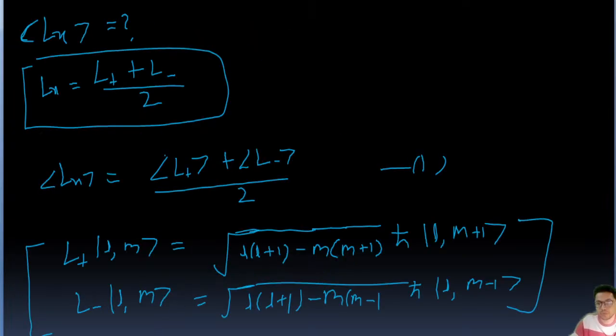The expectation value of Lx is going to be, we'll put this in equation 1, this one, right? Equation 1 here. So it is going to be L plus L minus by 2, and we'll put the values.